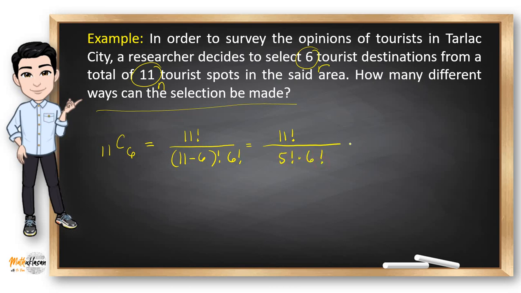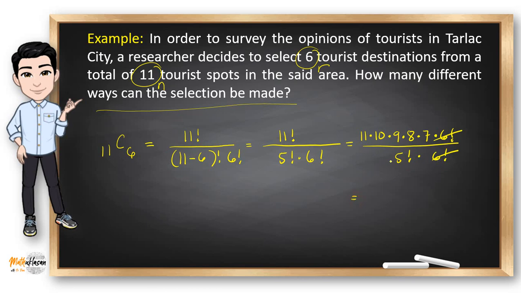Now, if you're using the factorial notation rule, you just need to choose the highest number here. 6 is higher than 5, so let's have 11 times 10 times 9 times 8 times 7 times 6 factorial. So you stop at 6 factorial, okay, for you to easily divide 6 factorial by 6 factorial.